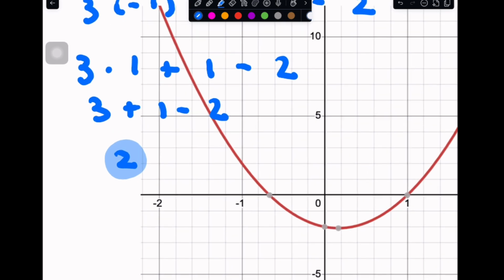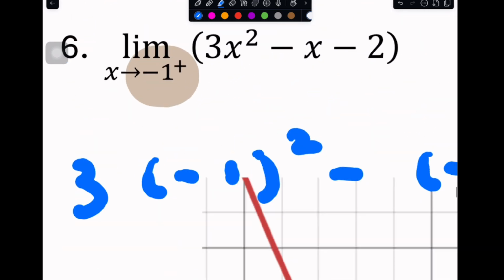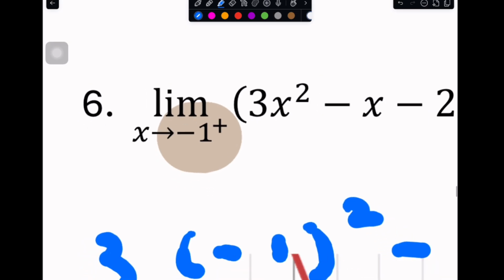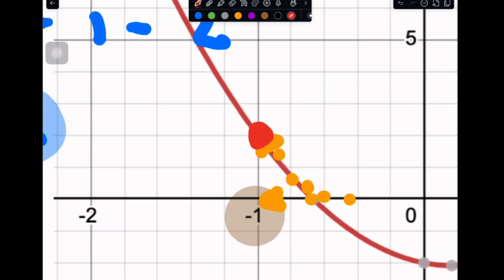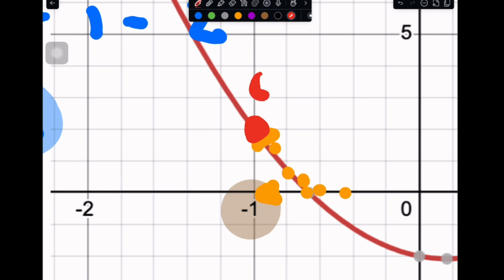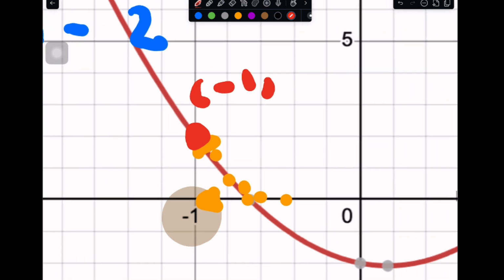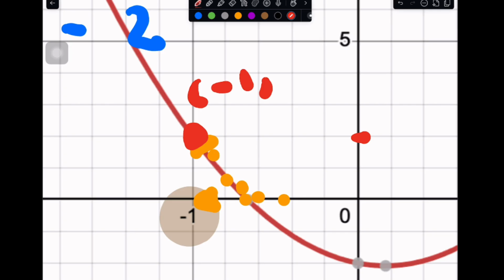So as you approach -1 from the right, let's approach -1 from the right now, okay? These x values are getting closer and closer to the fixed point of -1 on the right side. And where does that go as you go to -1? These are points on the curve. You're getting close to that location. Is that right? What's the address? Well, x is -1 and y is what? +2.